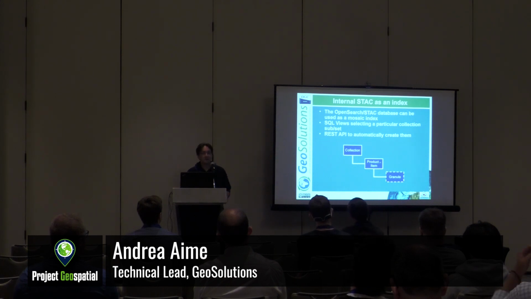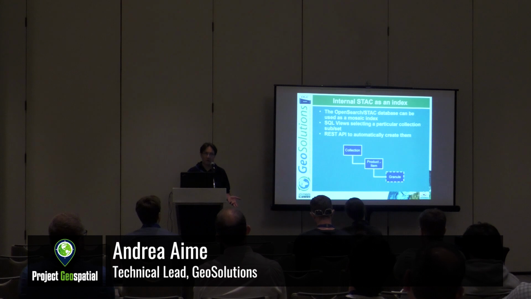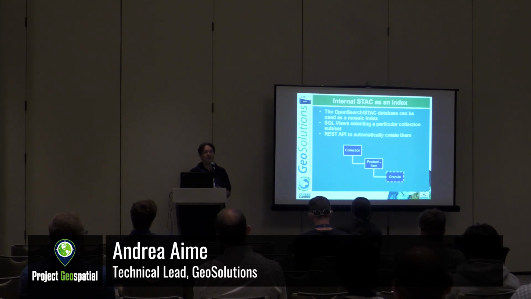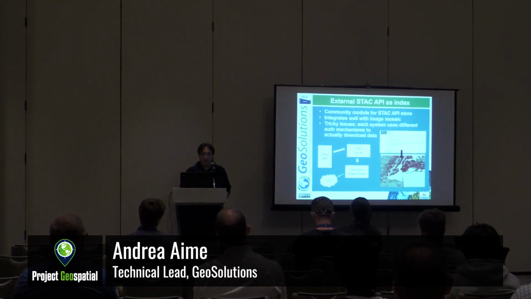You can use the internal STAC as an index for an image mosaic, as I was hinting about before. So through that REST API, you can decide to create an image mosaic out of a collection or a set of products in a collection that match a certain condition. And as I said, you can also use an external STAC API through the STAC store.